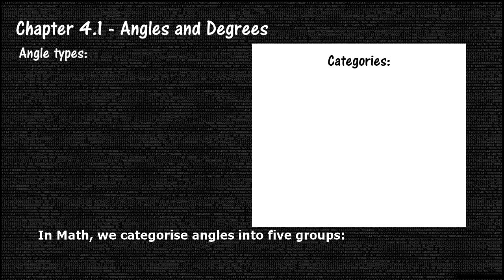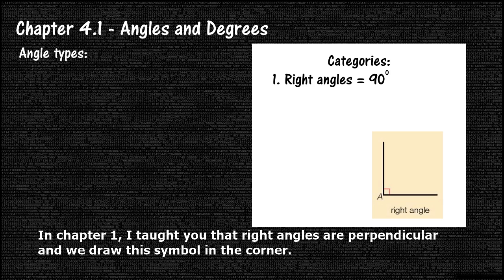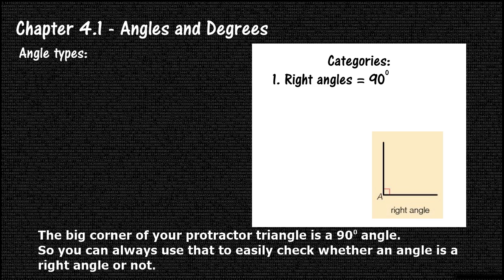In math, we categorize angles into 5 groups. The first one are right angles. In chapter 1, I told you that right angles are perpendicular and we draw this symbol in the corner. The big corner of your protector triangle is a 90-degree angle, so you can always use that to easily check whether an angle is a right angle or not.